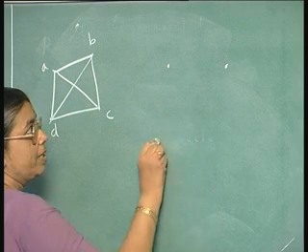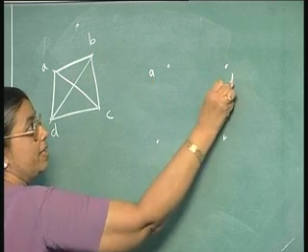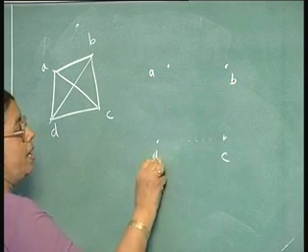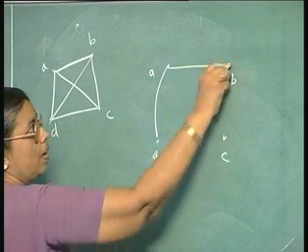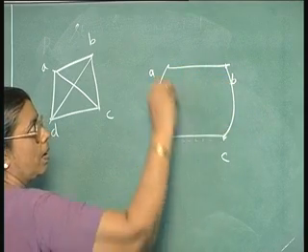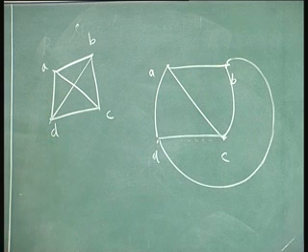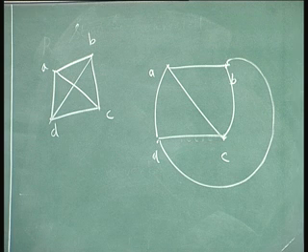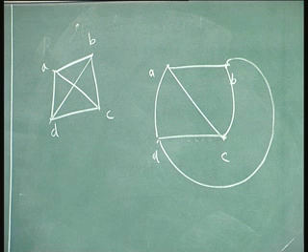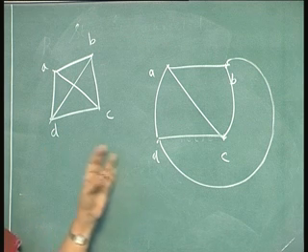I can also represent the same graph like this, A, B, C, D. Like this. It is the connection that matters. B is connected to D, A is connected to C, like that. The lines can be curved or straight, it does not matter. So, they represent the same graph.